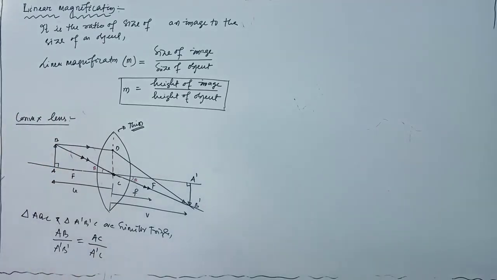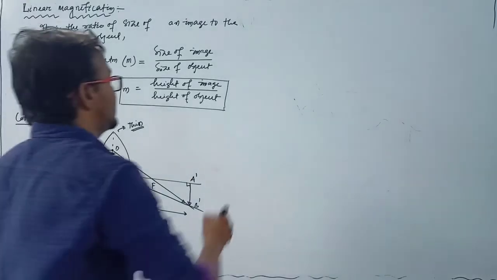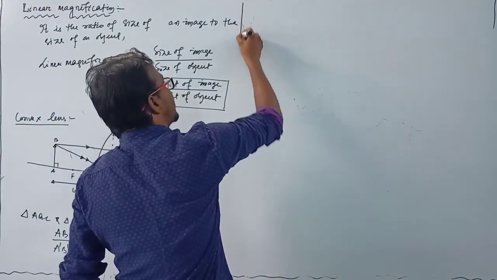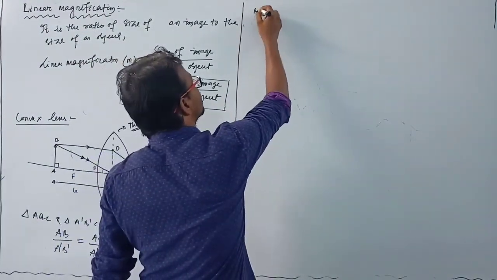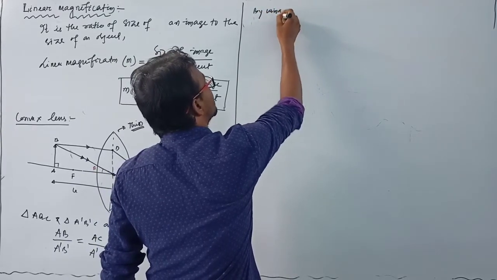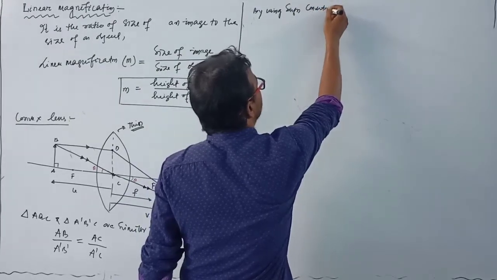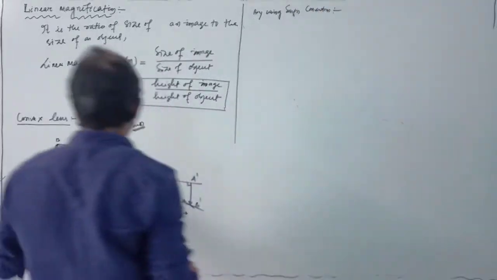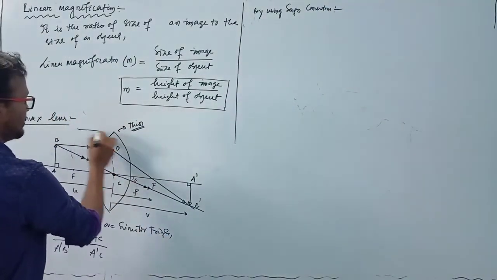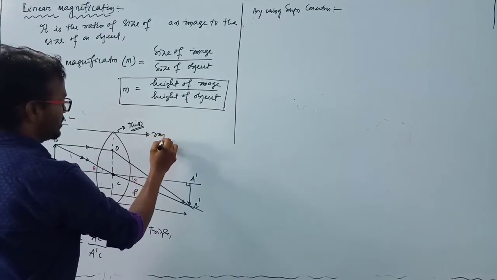Clear? Okay. Now we have to use the sign convention here. By using sign convention, you already know this is the direction of the incident ray, which travels from left side to right side.